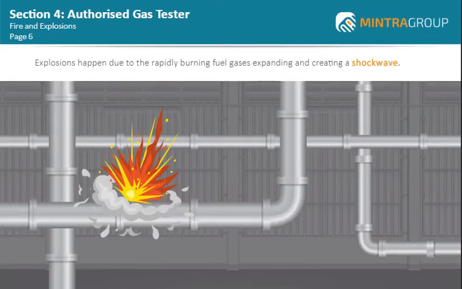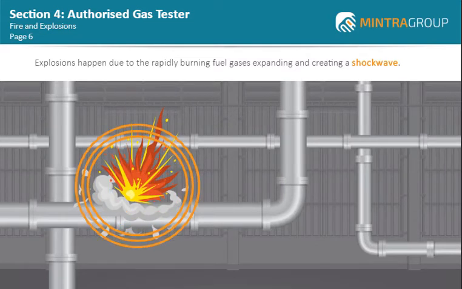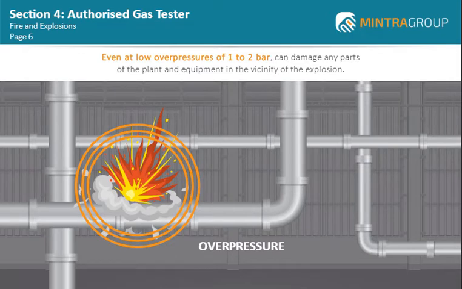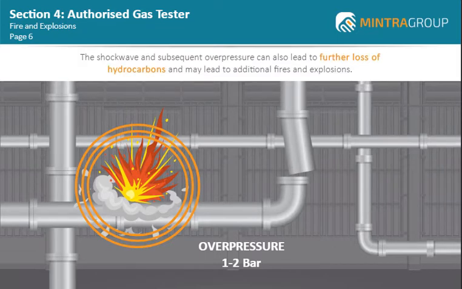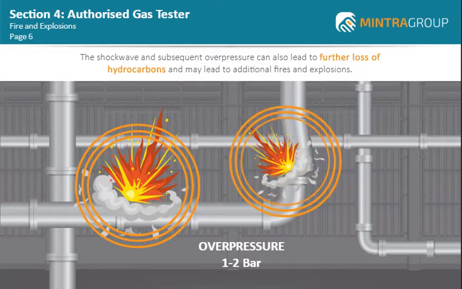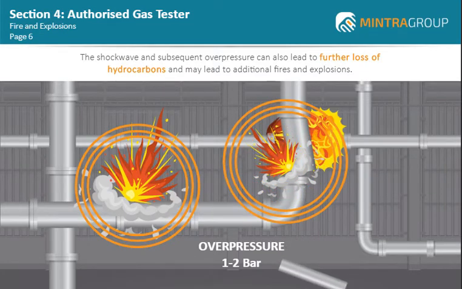Explosions happen due to the rapidly burning fuel gases expanding and creating a shock wave. This shock wave will cause overpressure, and even at low overpressures of 1 to 2 bar can damage any parts of the plant and equipment in the vicinity of the explosion. The shock wave and subsequent overpressure can also lead to further loss of hydrocarbons and may lead to additional fires and explosions.